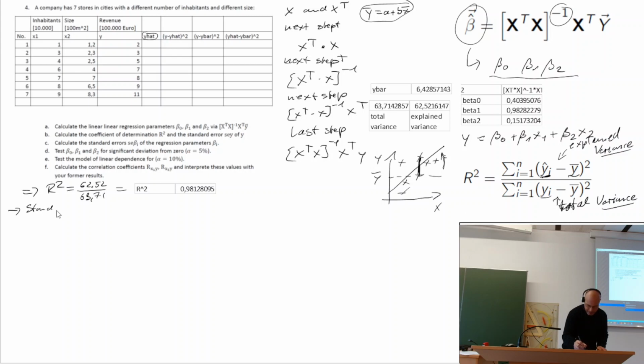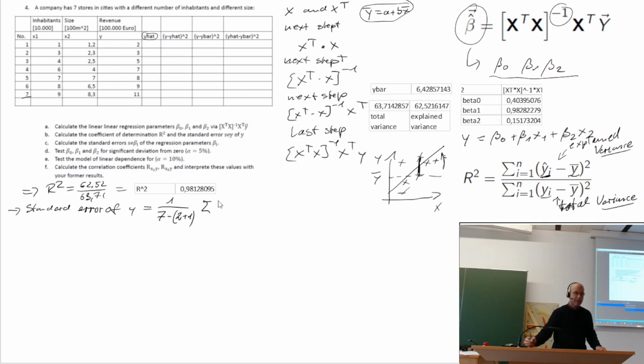We now want to calculate the standard error of y, and this is in our case 1 over n, where we have 7, minus k, the number of our fitting parameters, 2. This is the number of our explanators, our two independent variables, x1 and x2, plus 1.